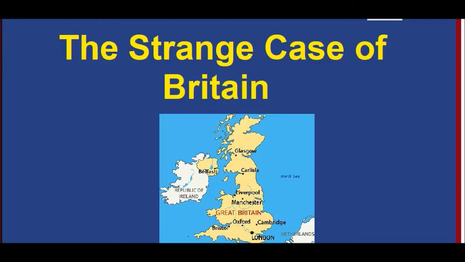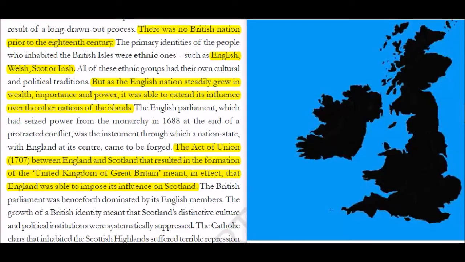The strange case of unification of Britain. The unification of Britain is very curious and different from other unifications in Europe. There was no British nation prior to the 18th century.